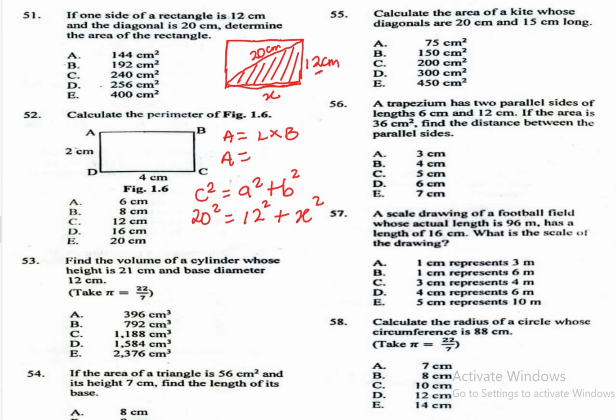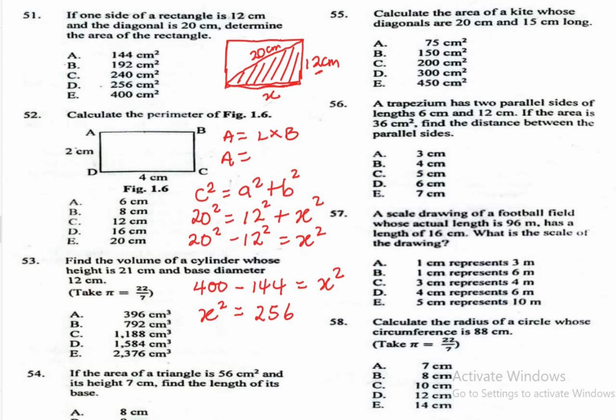Move 12 squared to the other side, so we have 20 squared minus 12 squared, we'll have x squared. 20 squared, that's 20 times 20 is 400, minus 12 squared, 12 times 12 is 144. This will give us x squared. So x squared is equal to 400 minus 144. It will give us 256.